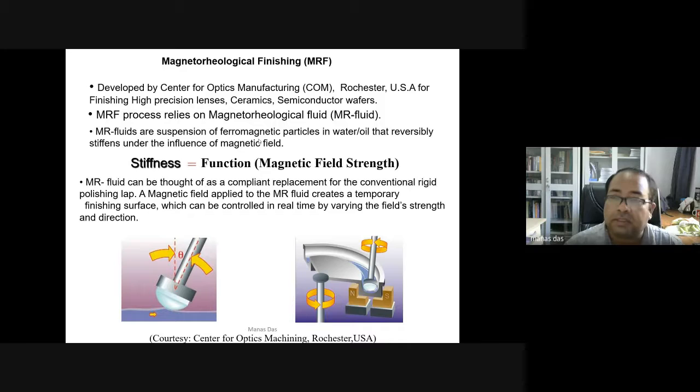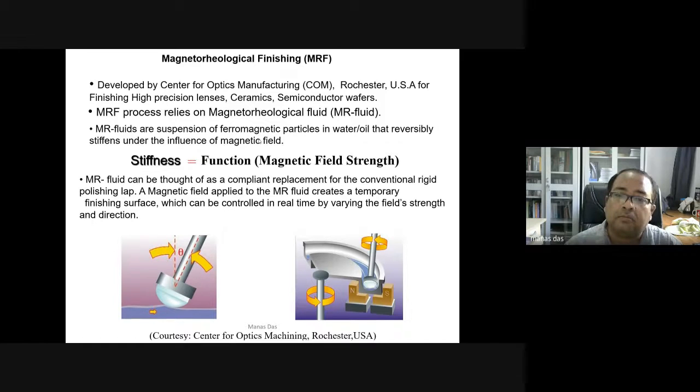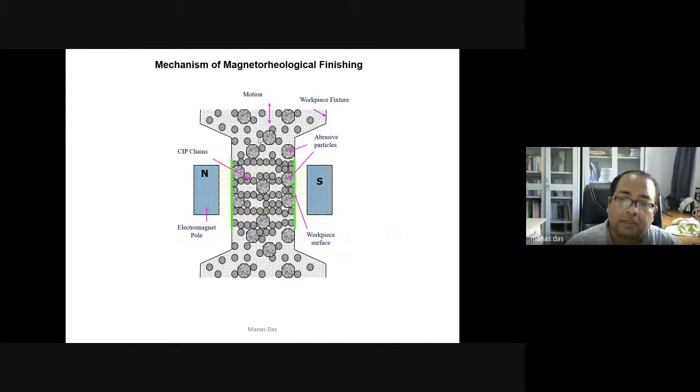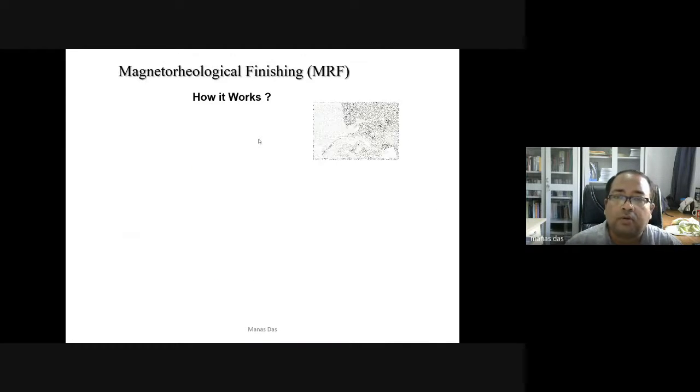Not a single machine is available in India. So that's why we have tried to develop a certain setup here.